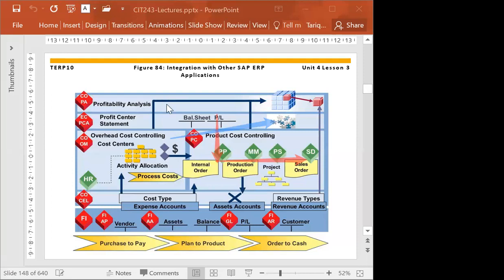Now, when we do the purchase order in material management, that also generates a commitment posting, and the commitment goes to the managerial accounting. Goods issue generates a cost posting, and it goes to the controlling.